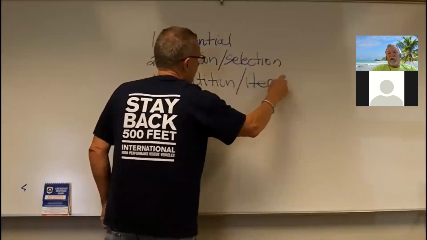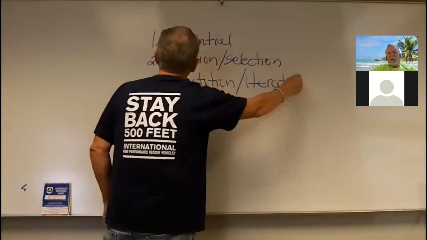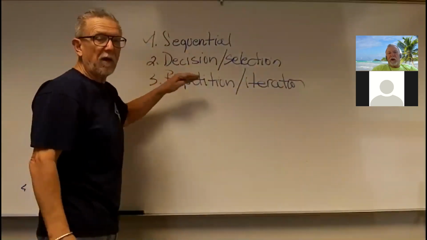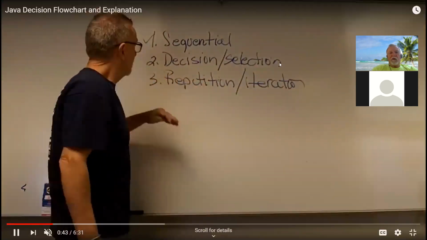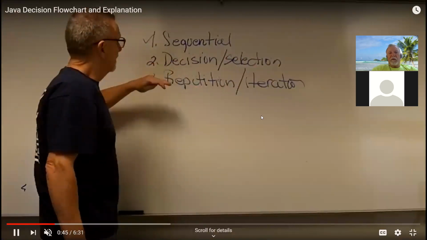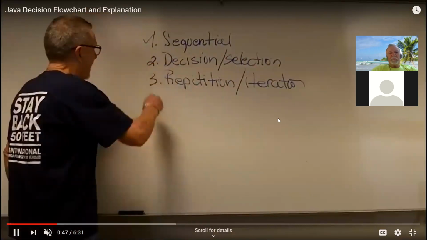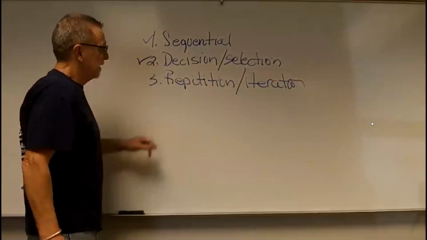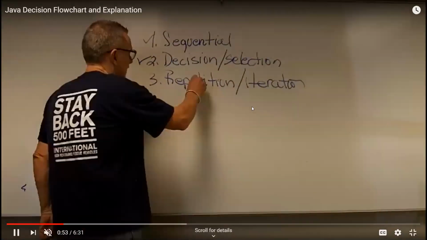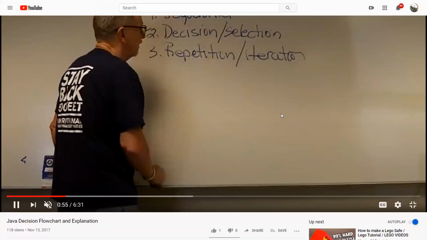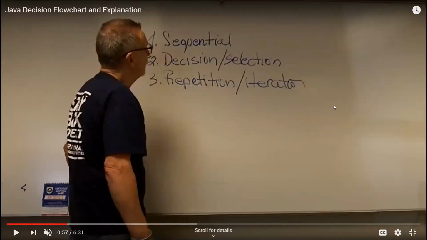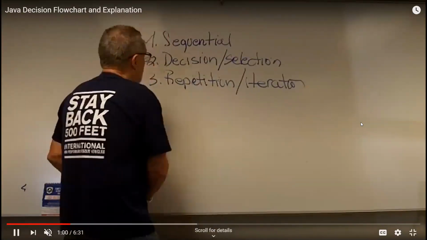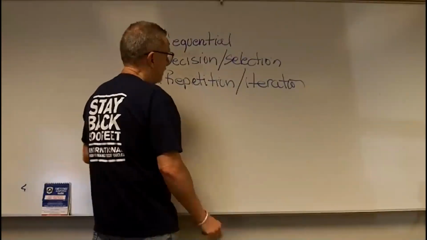And that'll leave us repetition and iteration in the future. This is what I'm going to explain here on the board. And again, jump in if you don't understand. Like I said, there's three different structures that we do when we do structured programming.